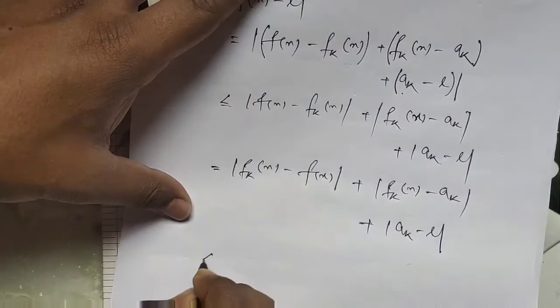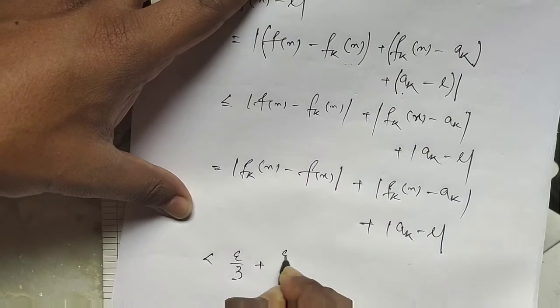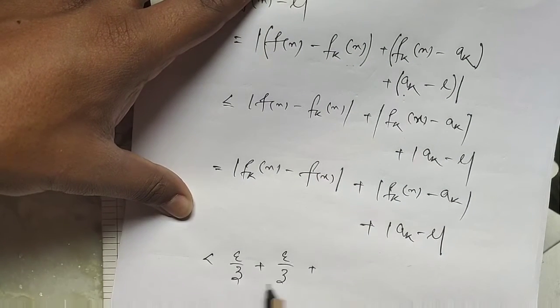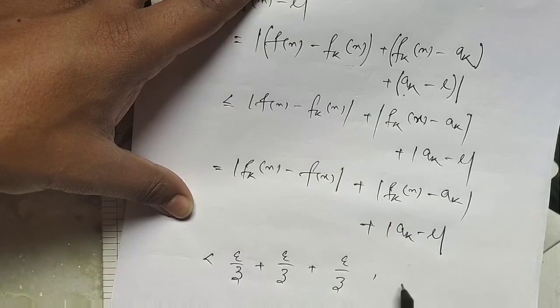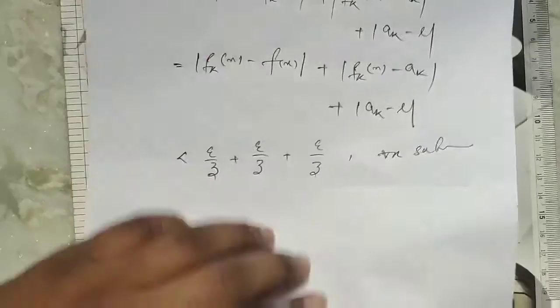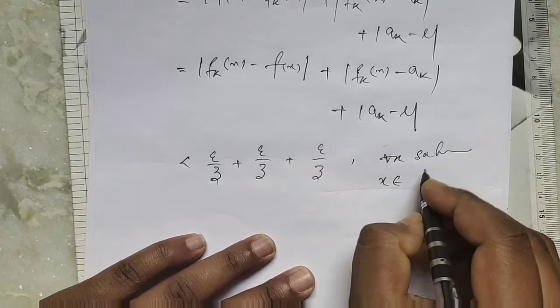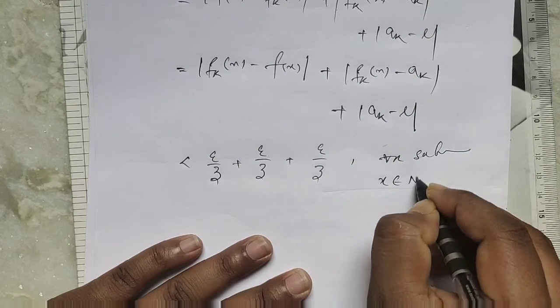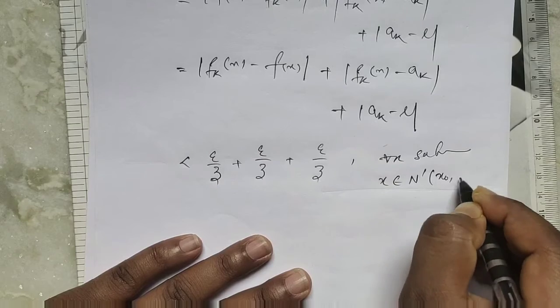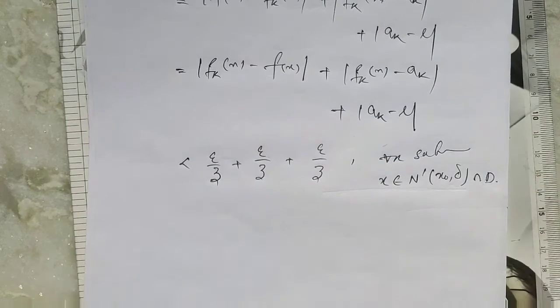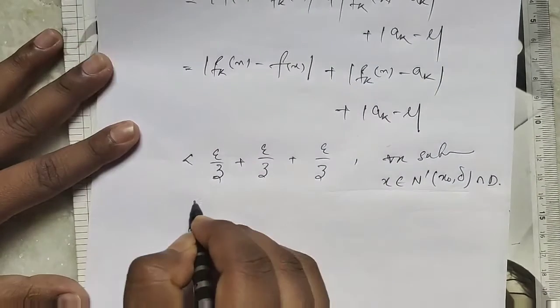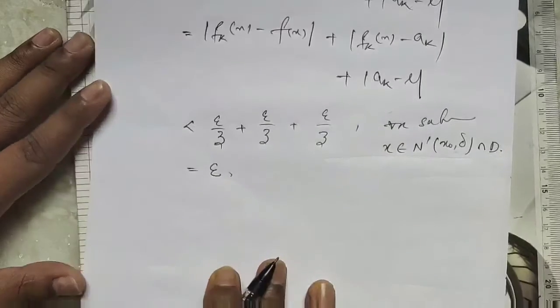So it is less than epsilon by 3 plus epsilon by 3 plus epsilon by 3 for all x satisfying x belongs to N dash x0 delta intersection D, for all x in the intersection with D.